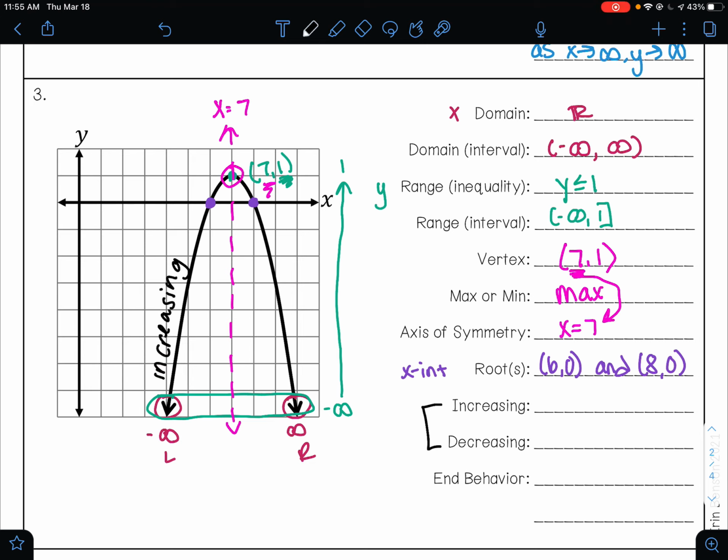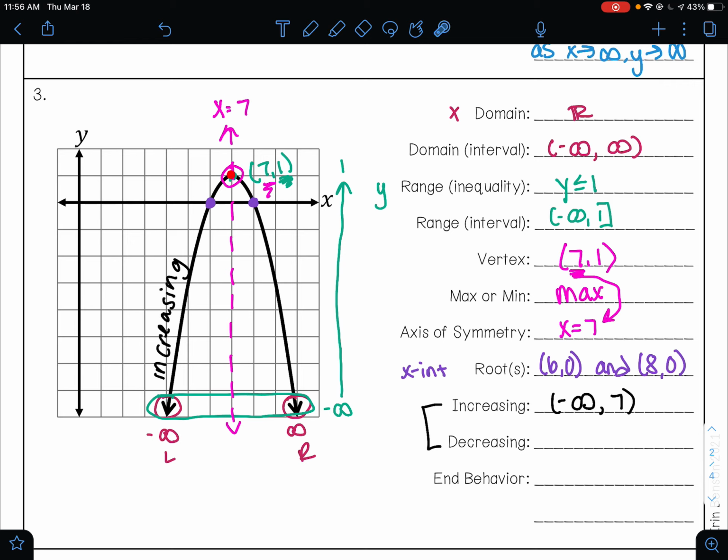And so I am increasing from negative infinity until I get to my vertex where x is 7. So negative infinity to 7.